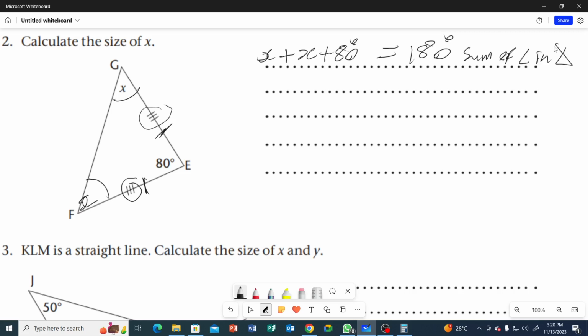Now you start to simplify and solve. So x plus x, they will give you 2x. So 2x plus 80 equals 180.